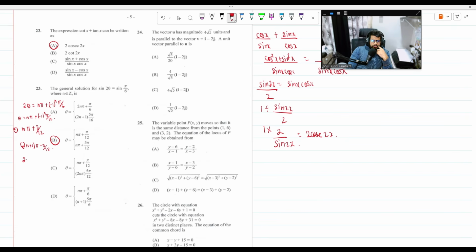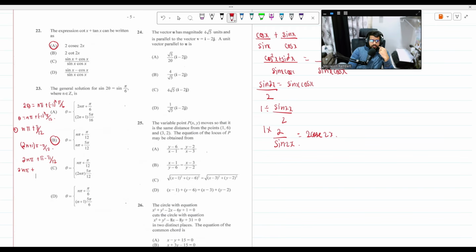So we will get 2n pi plus pi minus pi on 12, so 12 over 12 minus pi over 12. We get 2n pi plus 11 pi on 12. No, it's supposed to be 5 pi on 12. I know the answer is B.